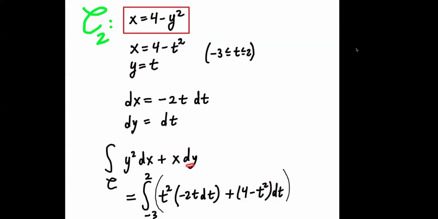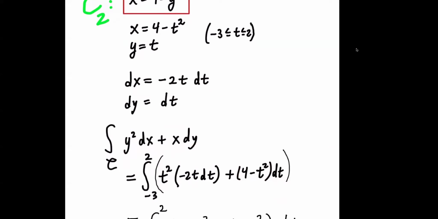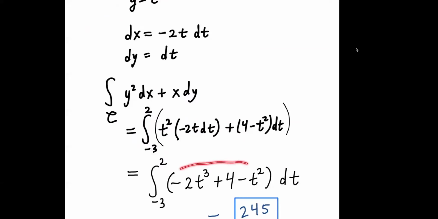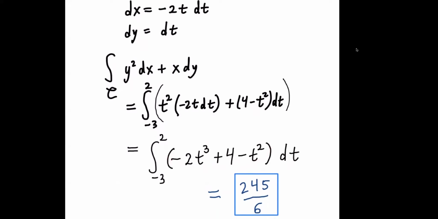And then dy, in this case, is the same thing as dt. And if you pull all the copies of dt to the outside, the rest is just some polynomial. We integrate that from -3 to 2, and we get 245 over 6.